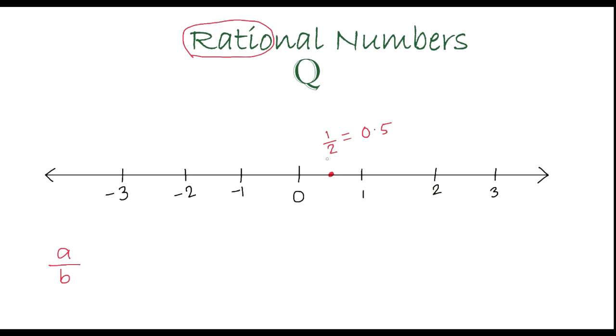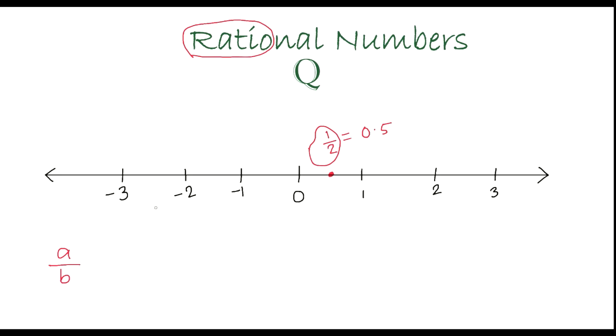Here we have half, and we have written it as a/b, so this is a rational number. We have to remember one thing.